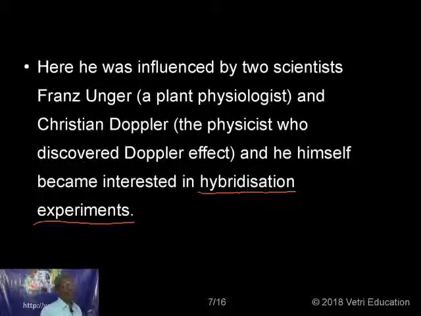You will be amazed to learn that his father was a plant breeder. In the previous slide you saw that he was born to poor farmers. His father was a plant breeder, and Mendel learned the technique of plant breeding from his father.